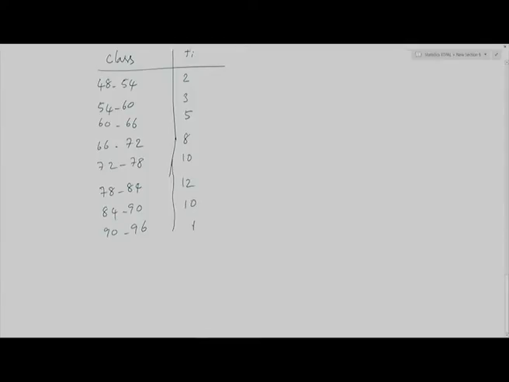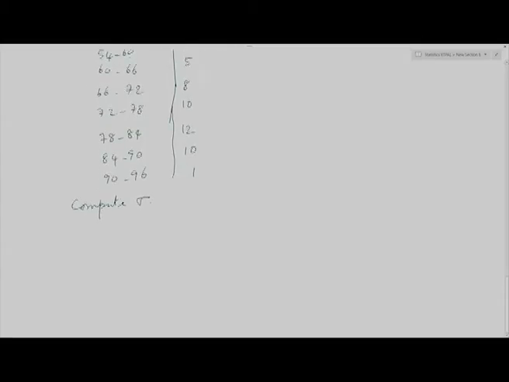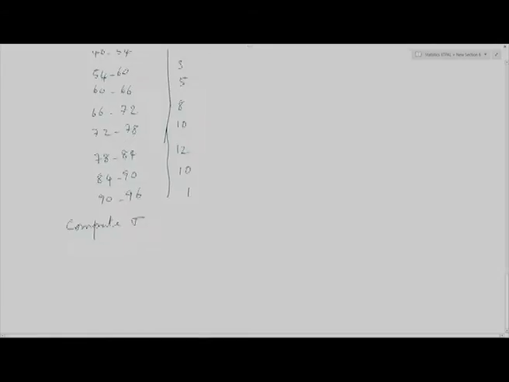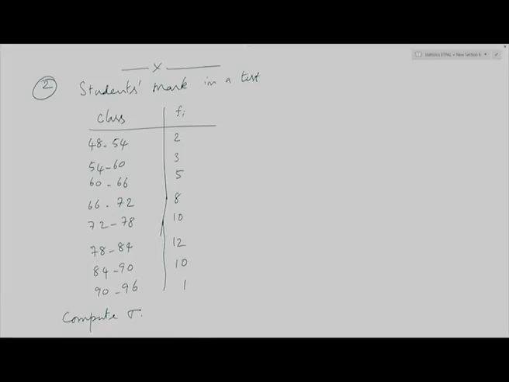Now, for this grouped data, let us compute sigma, the standard deviation. For that we have to calculate the midpoint of the class interval. We know that this is the lower limit and this is the upper limit.